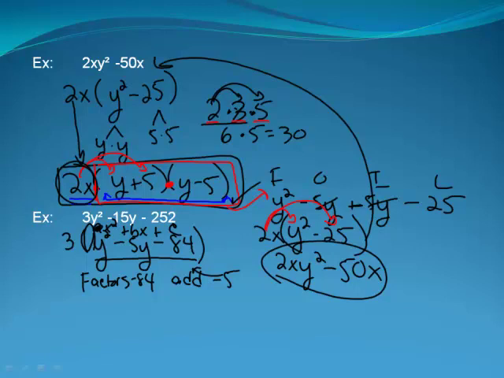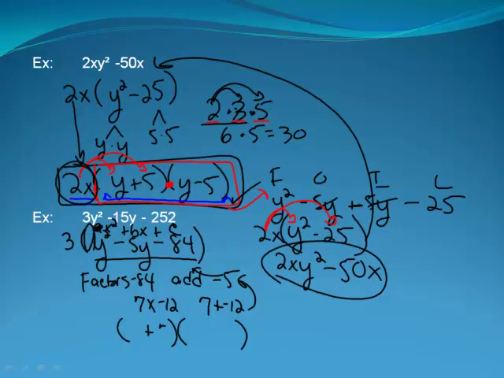And it turns out that negative 84 can be found by multiplying 7 times negative 12. And when you add 7 and negative 12, you do get negative 5. So those are your factors that are going in the last position in each group, because this is one of the simpler trinomials.